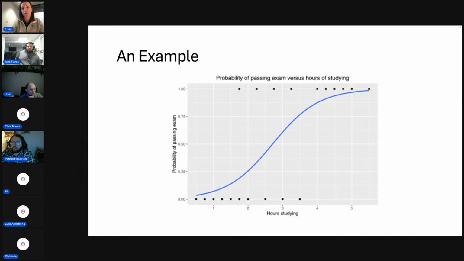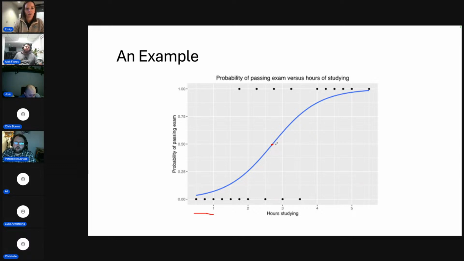And here we have each black dot representing a student. Maybe there are some students who spent less than an hour studying for the exam. And here, the sigmoid function, this blue line in the middle, represents the probability of pass or fail.